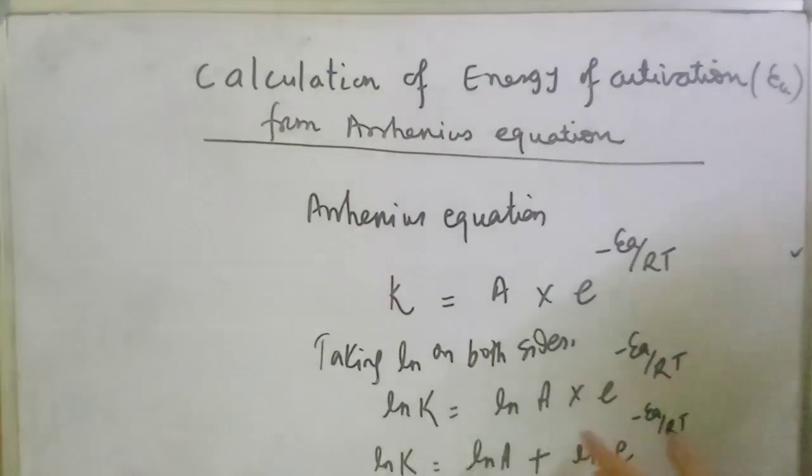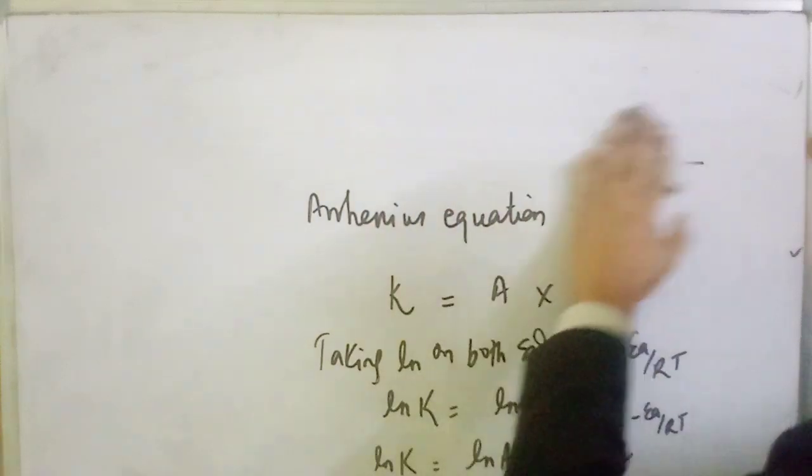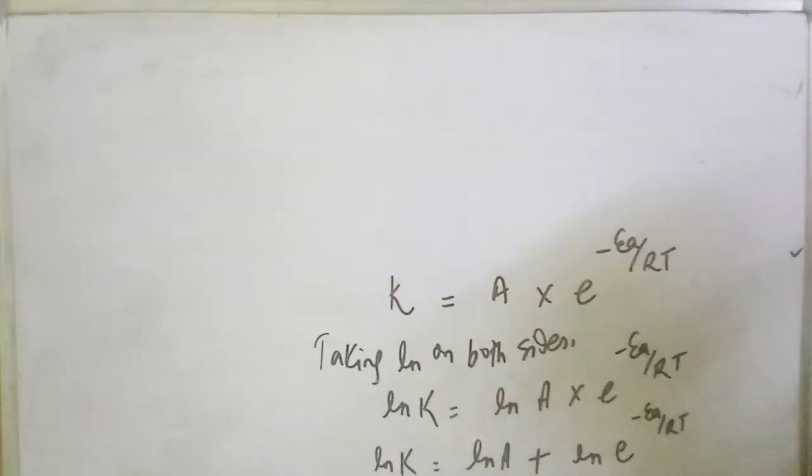I think you know this. How do we get this? ln of a into b is equal to ln a plus ln b. So if you say this is a and this is b, then ln a plus ln b, so you can write like this, and this equation can be further simplified in this way.